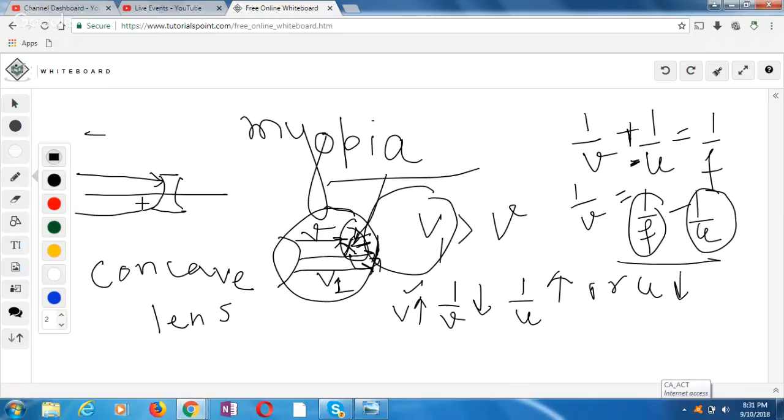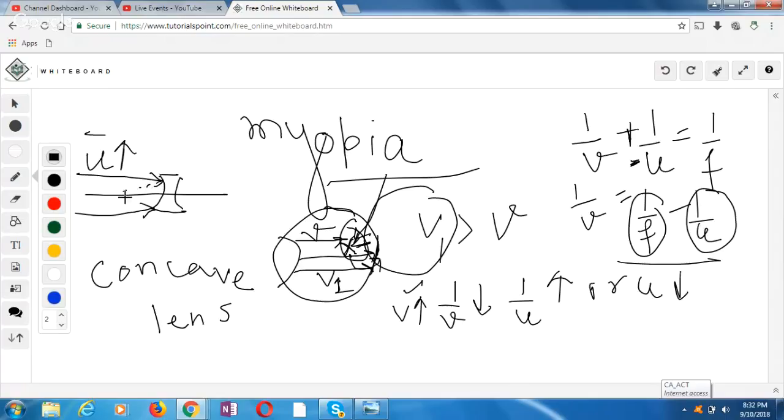I'm taking the light ray from a far off object because in myopia the person is not able to see an object kept at a far off position. So what happens here? The u is very high. I need to reduce this value of u. That is why I have kept this concave lens.